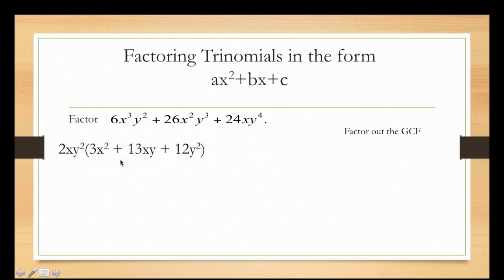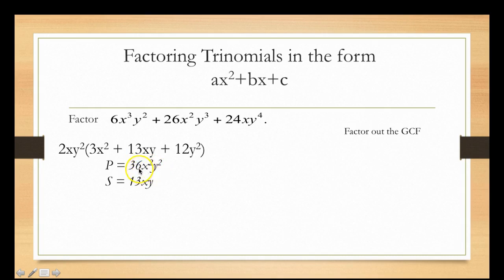So I'm going to use product sum. The product, remember, will be 3x squared times 12y squared, which is 36x squared y squared. And my sum comes from this term in the middle. So we ask ourselves, what can you multiply together to get 36x squared y squared?